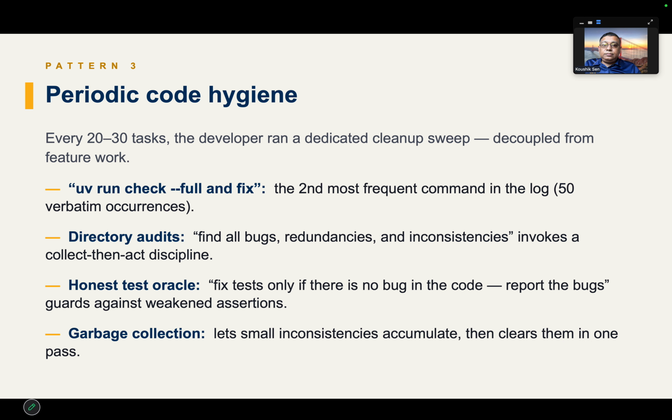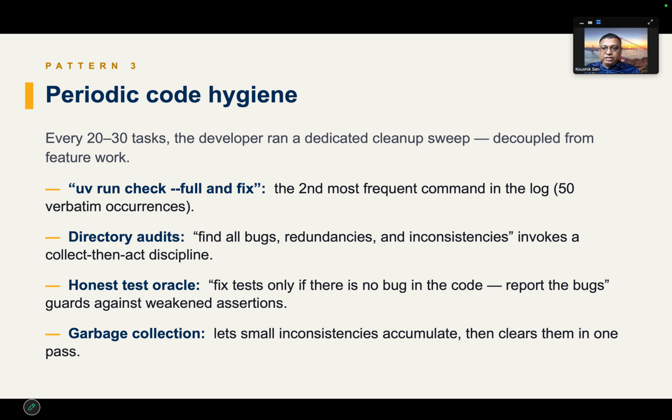And also another pattern that emerged in the development of Sorcar: I run a bunch of periodic code hygiene checks. For example, I would run the linters and the type checkers from time to time. I would ask it to go over all the code, and if some code has no 100% code coverage, I'll ask it to generate tests for that code and make sure that all those tests pass.